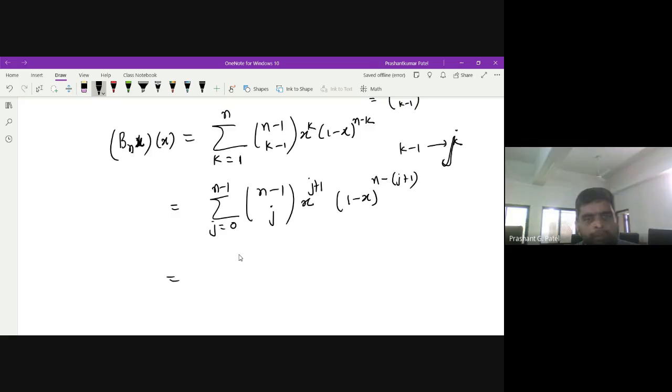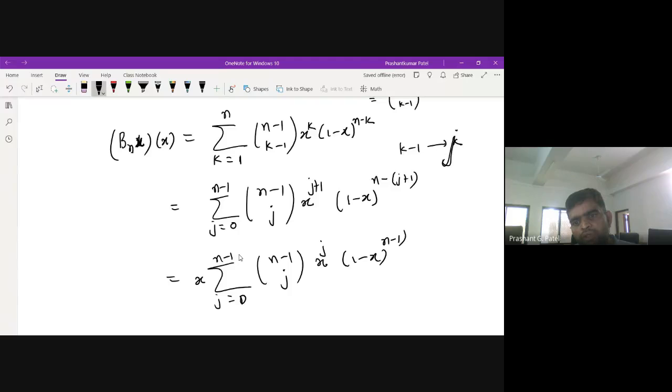This quantity I may rewrite as summation j running from 0 to n minus 1, n minus 1 C j. The one x I may write down outside. This is x^j, and this quantity (1 minus x) I may write with power n minus 1 minus j.